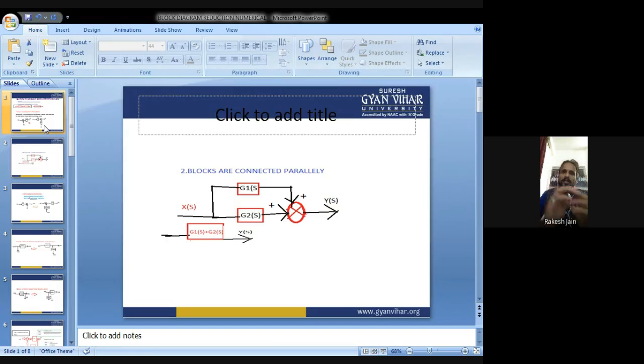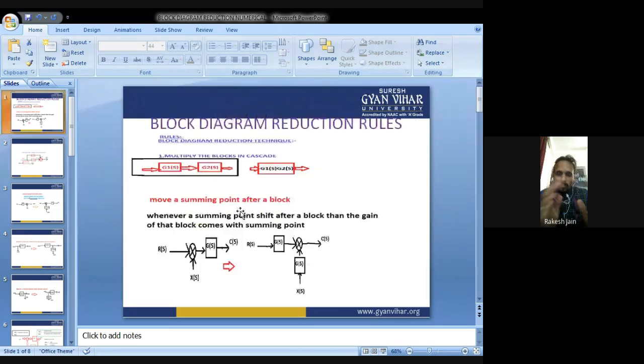The third rule is about moving a summing point after a block. Let's suppose here a summing point has two inputs, one is the input side Rs and one is Xs, and we wish to move that summing point just after the block of Gs.